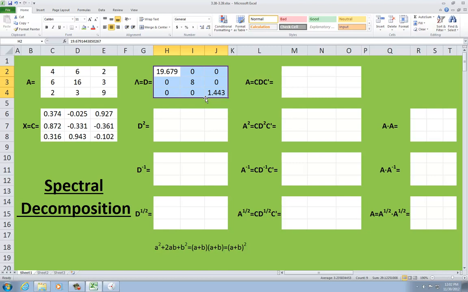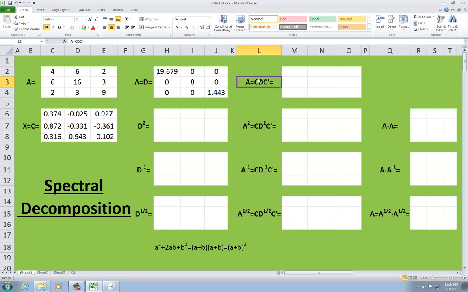Therefore, various powers of A can be obtained from these variations of this equation right here. So you can have A squared equals C times D squared times C transpose. And the inverse of A, you just change the D to the inverse of D. And A to the 1/2 power, you just change D to the 1/2 power.